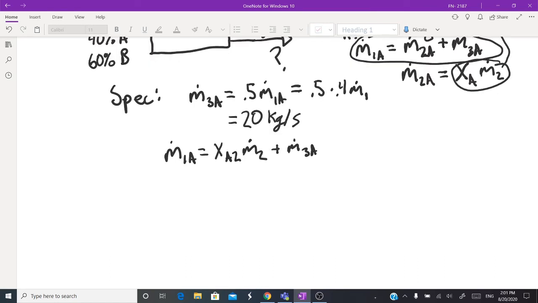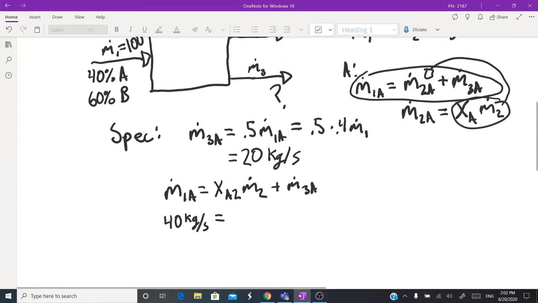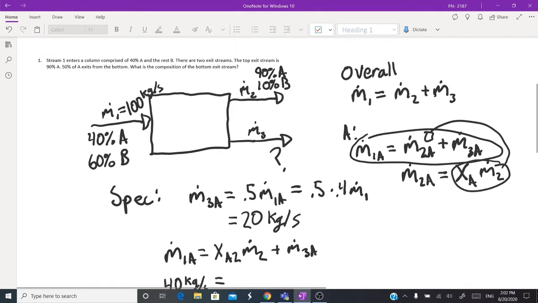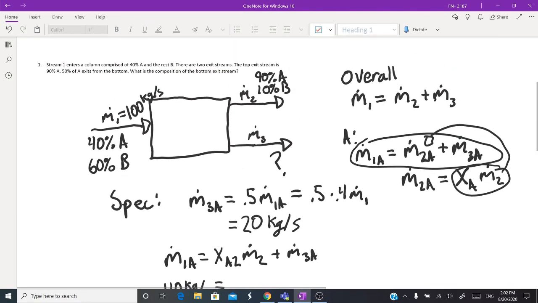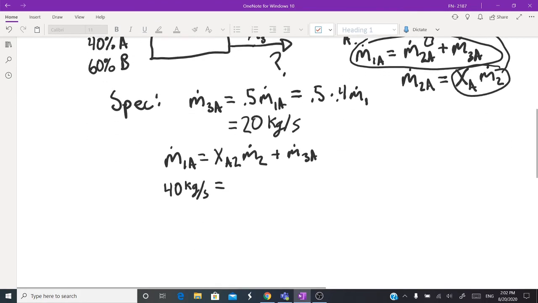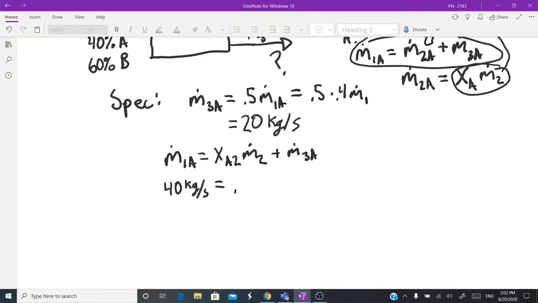So this will be 40 kilograms per second is equal to, this XA2 is 90%, it is given right here in the problem statement, so that is 0.9 times M2 plus 20 kilograms per second.